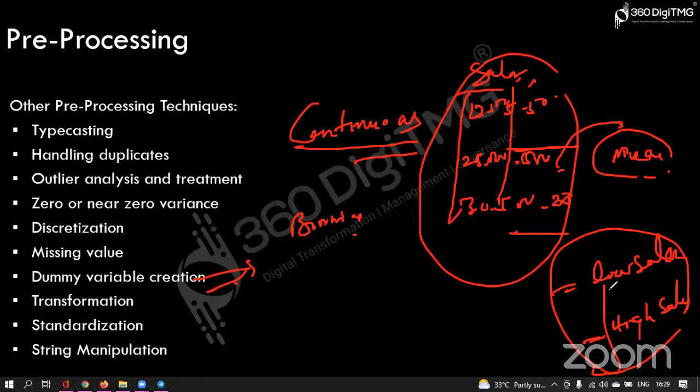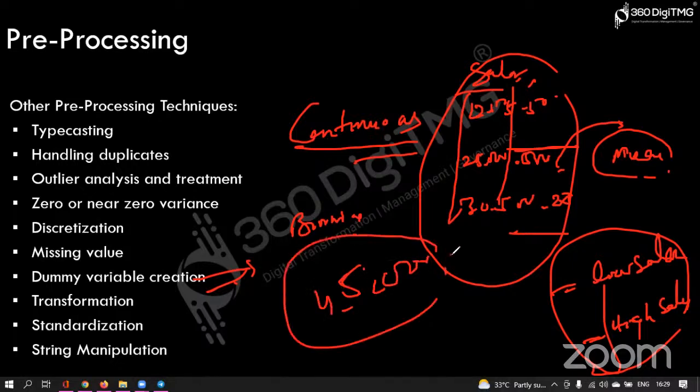One is low salary and one is high salary, based on mean, or if you have a specific requirement, in that case you can simply mention whenever the salaries are over 45,000 it is considered a high salary. If it is less than that, we will consider it a low salary. Like that, I can convert the continuous variable into low salary and high salary.